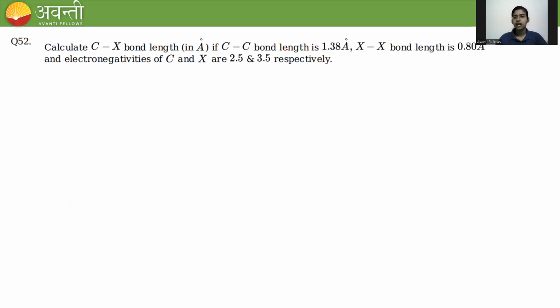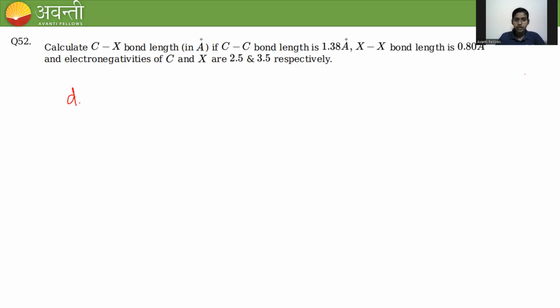Calculate the carbon-halogen bond length in angstrom, if the C-C bond length is 1.38 angstrom and the X-X bond length is 0.80 angstrom, and the electronegativities of carbon and halogen are 2.5 and 3.5 respectively. Bond length is nothing but the internuclear distance, right?